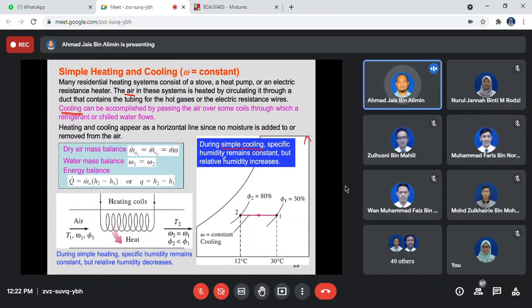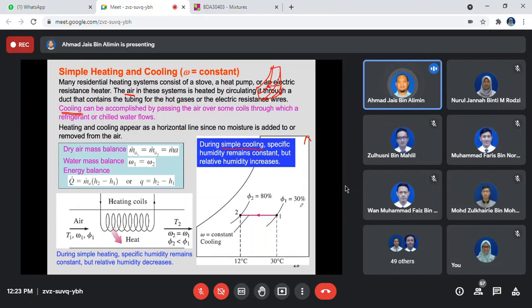But because you reduce the temperature of that particular volume of concern, the relative humidity will increase. If you remember the psychrometric chart's way of reading, this is the line of relative humidity. So once you move from right to left, there is a change in the relative humidity.